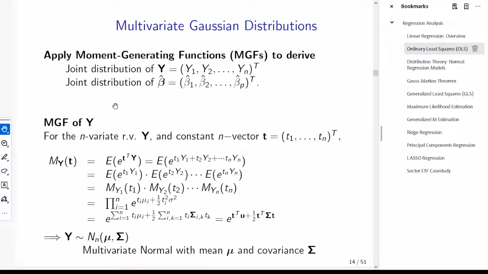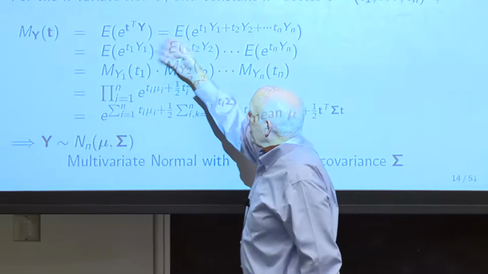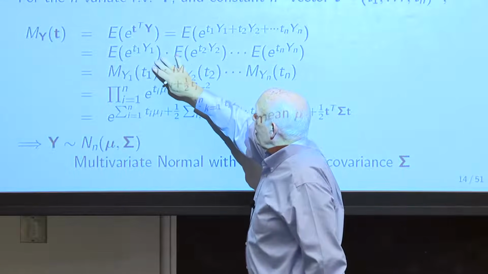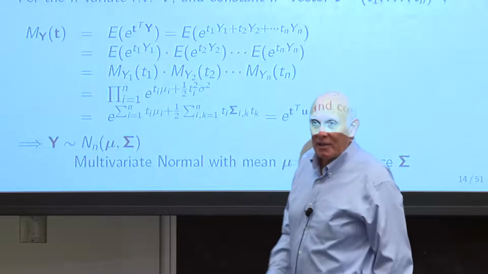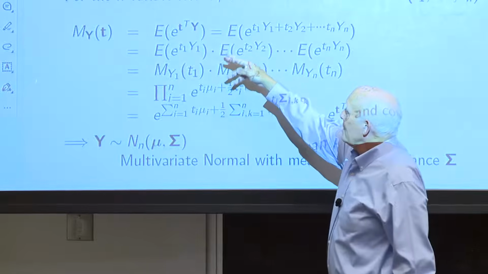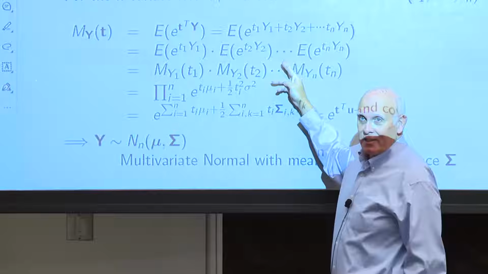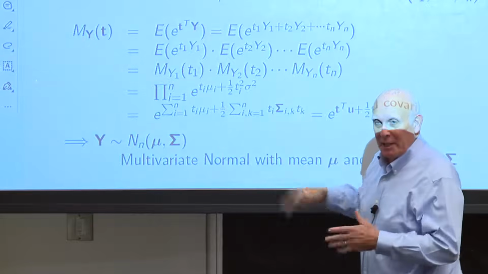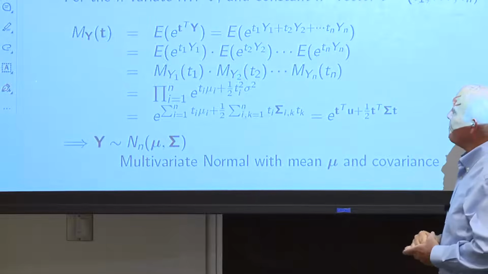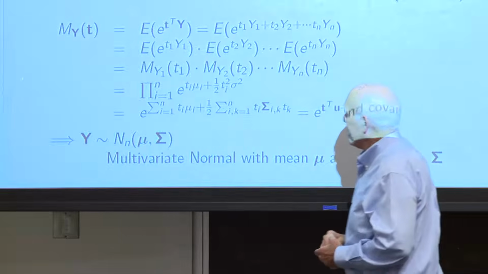So this moment generating function is a function of the t vector, and we just plug into this formula. Now, because the y's, in fact, are independent of each other, then this expected product of terms is the product of the expectations.